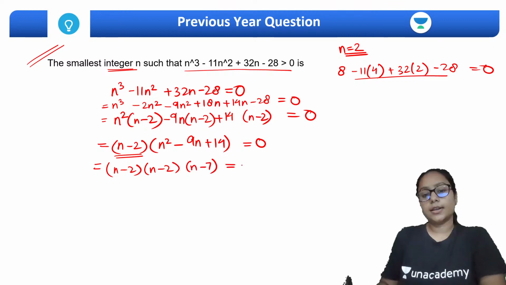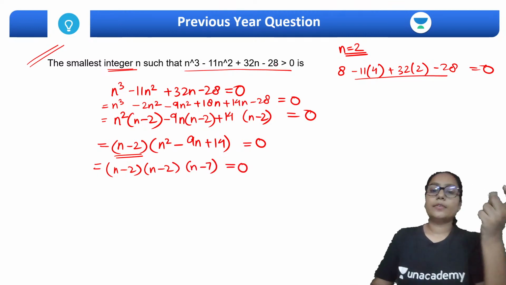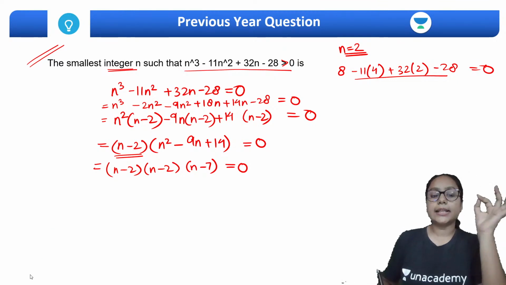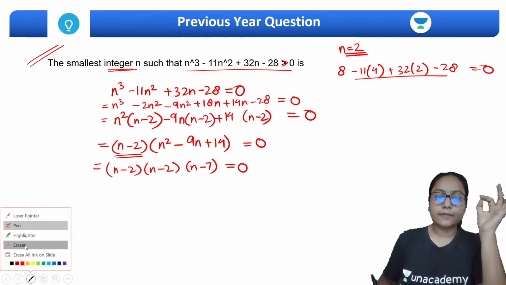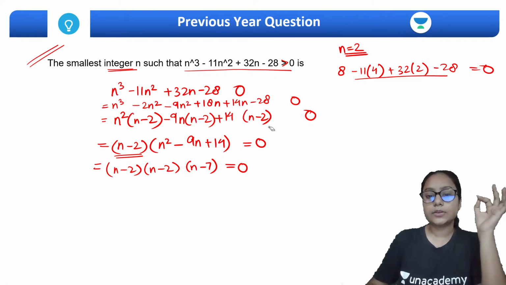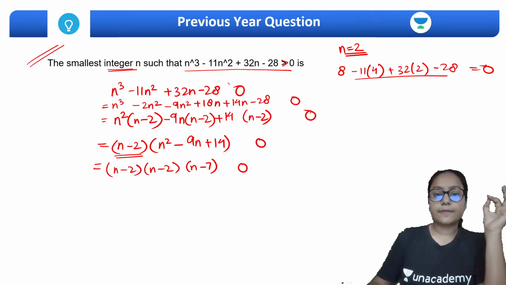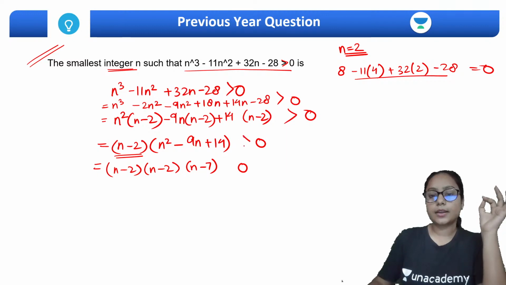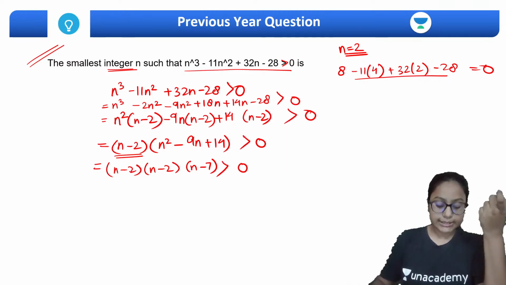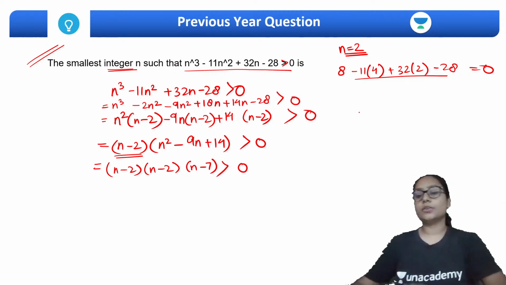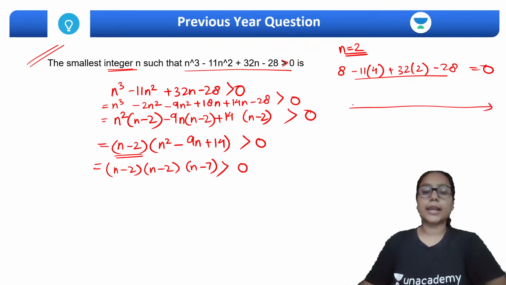Alright. But we have that this thing is greater than 0, so we will have to consider the greater than 0 sign here. Let us change this. So therefore I have this. Now this is an inequality where the left hand side is greater than 0, so I have to plot it on the number line.